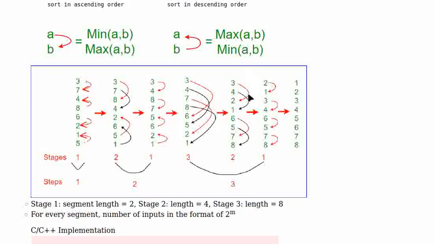So to get this sequence, we need to obtain this sorted sequence and this sorted sequence. From this and this, two sorted sequences, and we have to go through 3 stages.